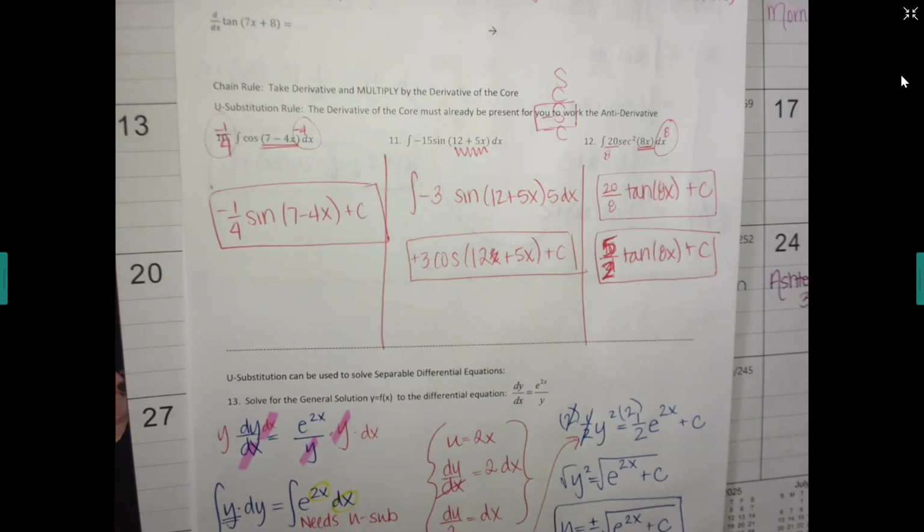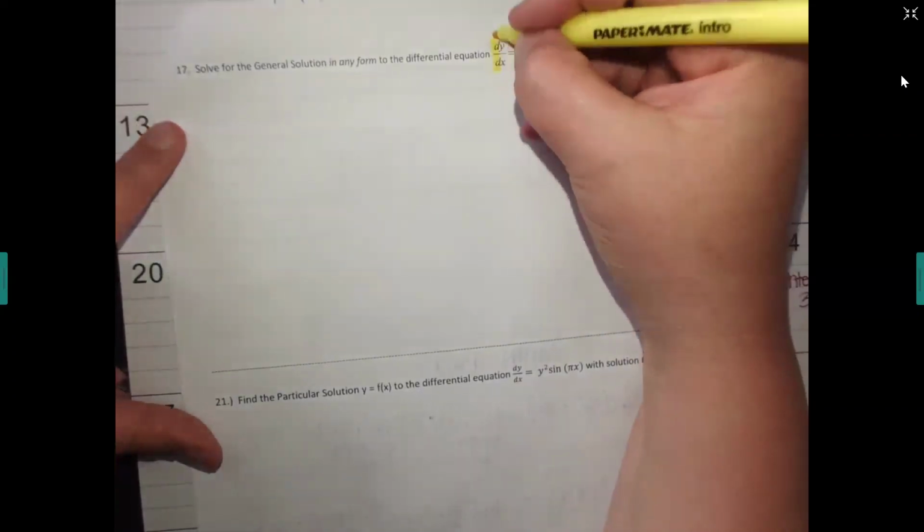Turn to number 17. It's on the last page. Okay, and these are not numbered well, so just turn to your last page. It goes from 17 to 20. Here's your dy dx. Notice it has x's and y's in it.